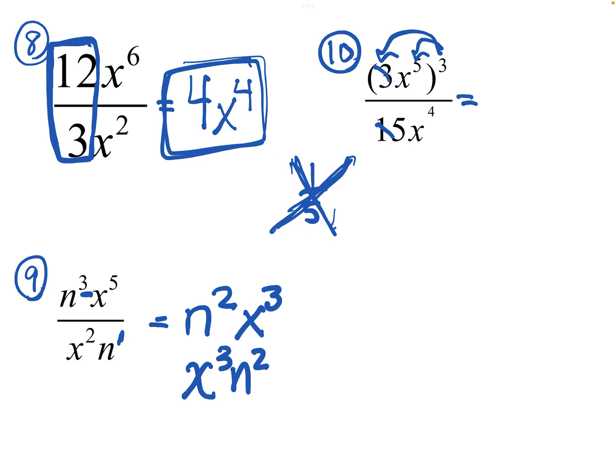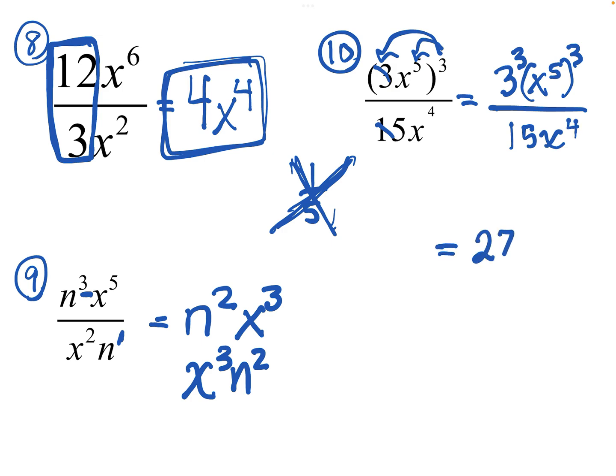This problem's second layer of work should be 3 to the 3rd, x to the 5th to the 3rd over 15x to the 4th. That would be simplified to 27x to the 15th over 15x to the 4th.